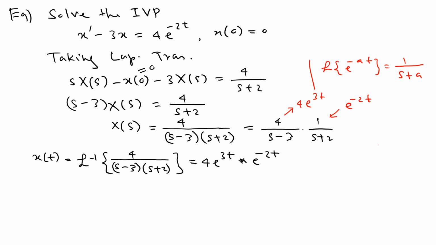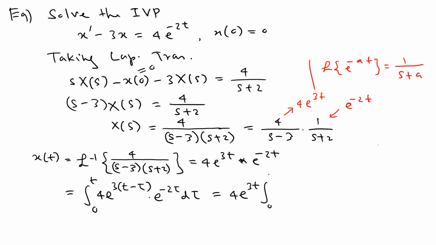So let's do that. By the definition, this is the integral from 0 to t of 4e to the 3(t minus tau). I'm going to put that as the first function, it doesn't really matter, and then times e to the negative 2 tau d tau. This is actually very simple. I can pull out 4e to the 3t because those do not depend on tau.